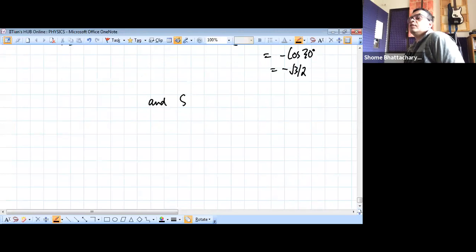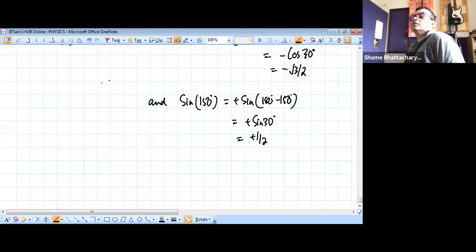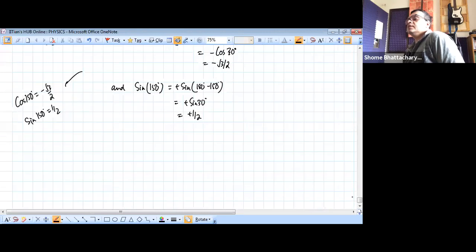And for example, if I want to calculate sine of 150, that will be positive of sine 180 minus 150. So that will be positive of sine 30. So that will be positive half. So that's how I'm getting the result that cos 150 is minus root 3 by 2, whereas sine 150 is half. So just one example of how we use the obtuse angle formula whenever theta is in the range of 90 to 180.